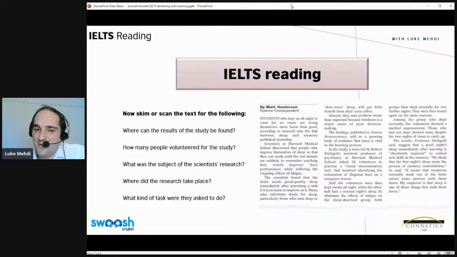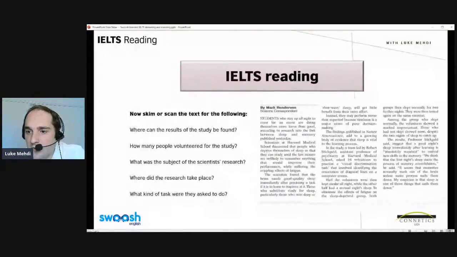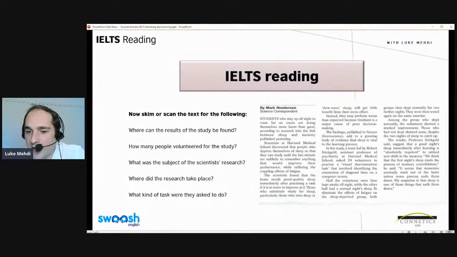Yes, Harvard Medical School is an answer. Which question is it answering? Where did the research take place? Unfortunately, Mackie, that is as large as I can make it. Is that a bit clearer?